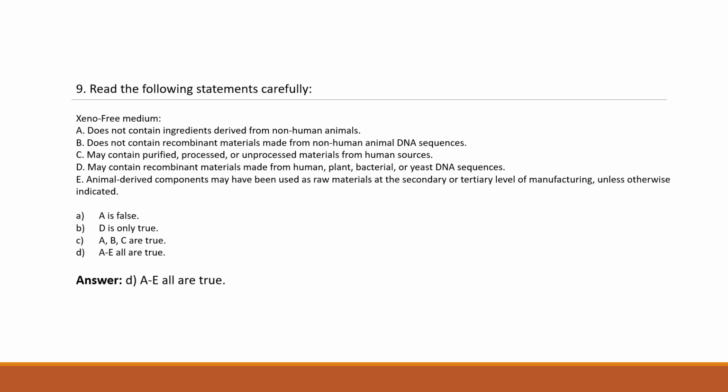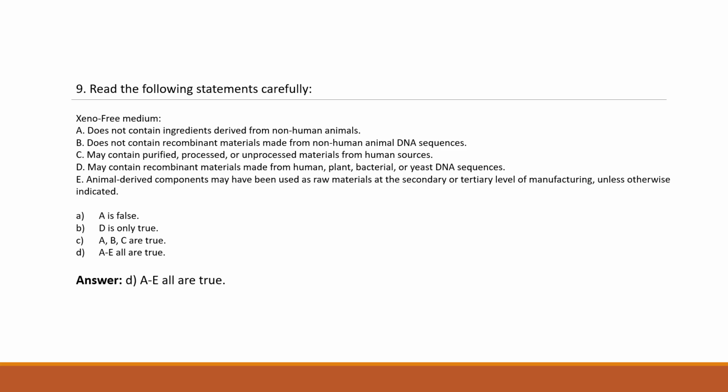Next is may contain purified, processed, or unprocessed material from human sources. So obviously it's for human cell growth, so you can take anything from your human sources. It can be purified, it can be processed, and it can be unprocessed also. But because it's from the same species, you can always use it.